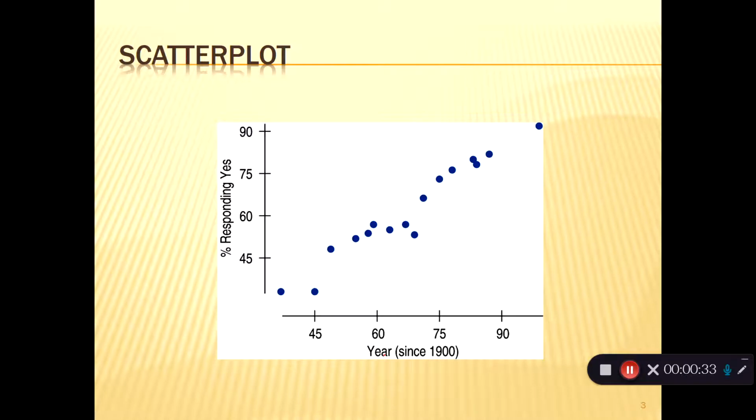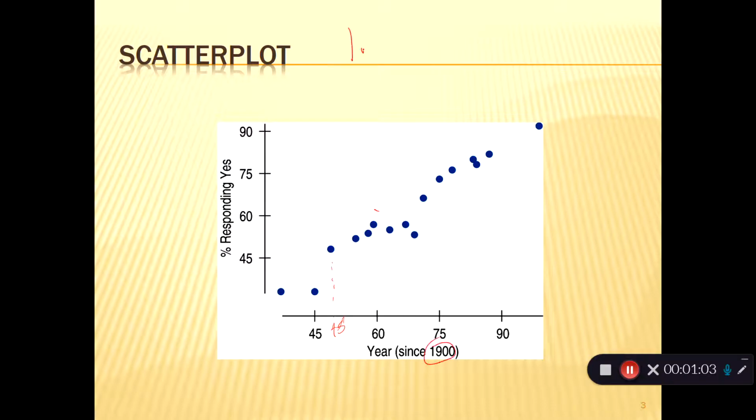This is years since 1900 on the horizontal axis, and percent of people responding yes on the vertical axis to whatever our question was. It doesn't even matter. Let's say that I want to interpret this data point right here. This is about 48 on the axis, so that's 48 years after 1900.